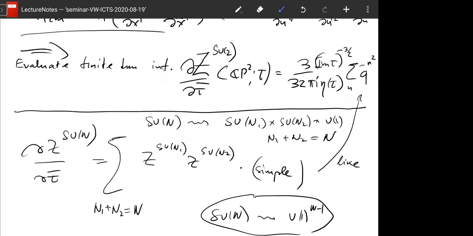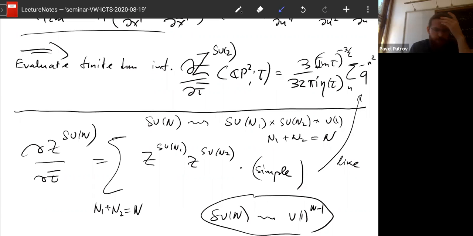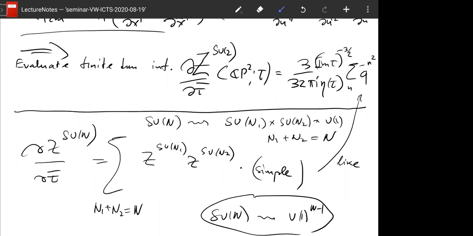I don't know, because if one goes to the full Coulomb branch, one should be careful with what's going on along the loci where the group is partially restored.